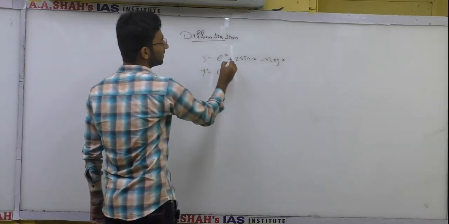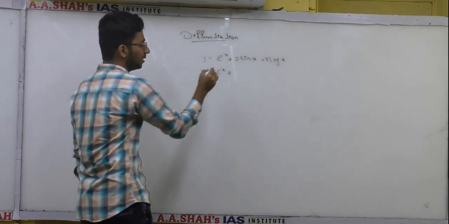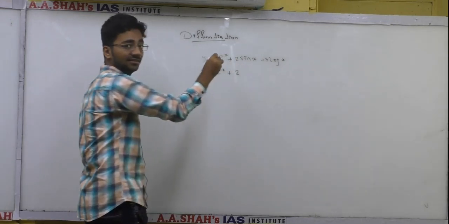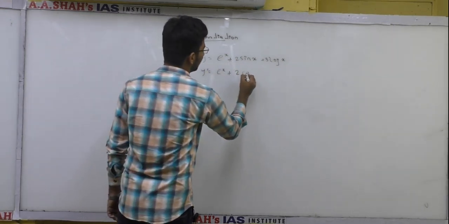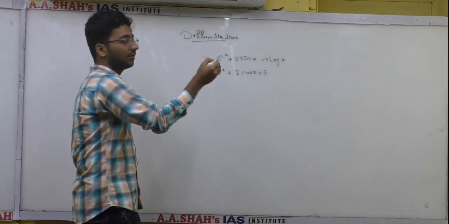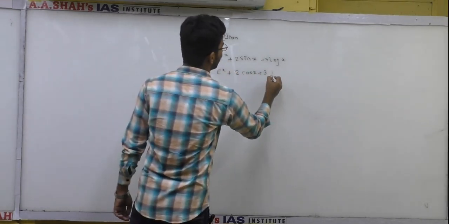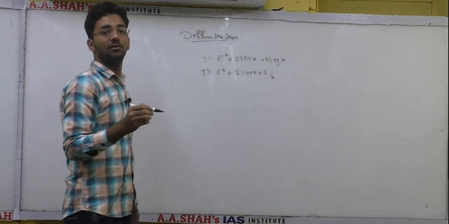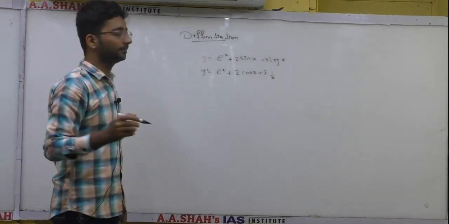Now here the 2 is a constant with the variable, so it will come out, and derivative of sin x is cos x, and then we do have 3 outside, derivative of log x is 1 upon x. So this way you have to proceed. Got it?